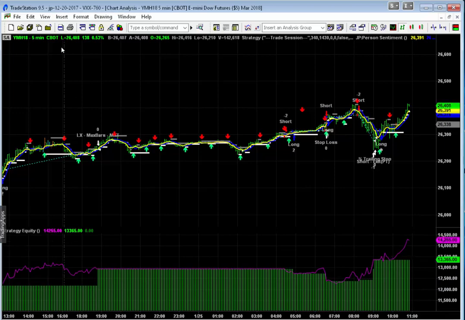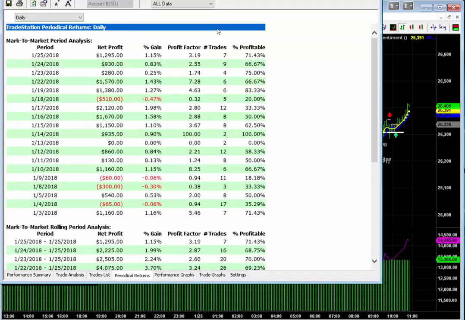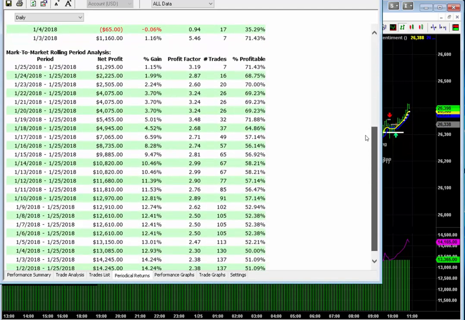Right now it's at a new equity high again, and as you can see from the overall day-to-day performance, not every day was profitable. Lost 65, lost 300, lost 60, lost 500, didn't trade on Martin Luther King Day holiday, and yet it's provided a decent rate of return based on a two-lot position.